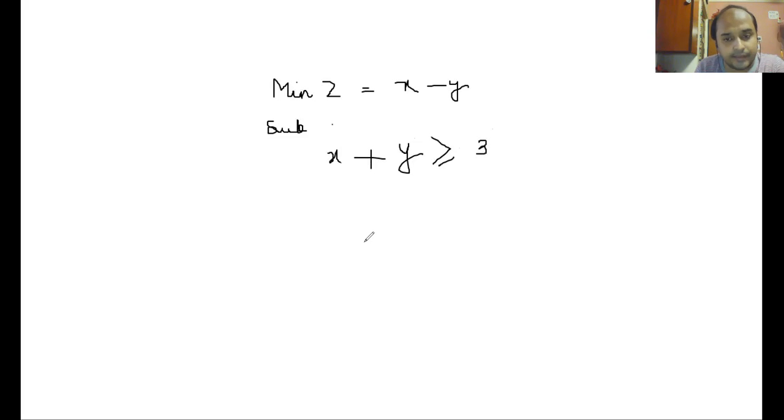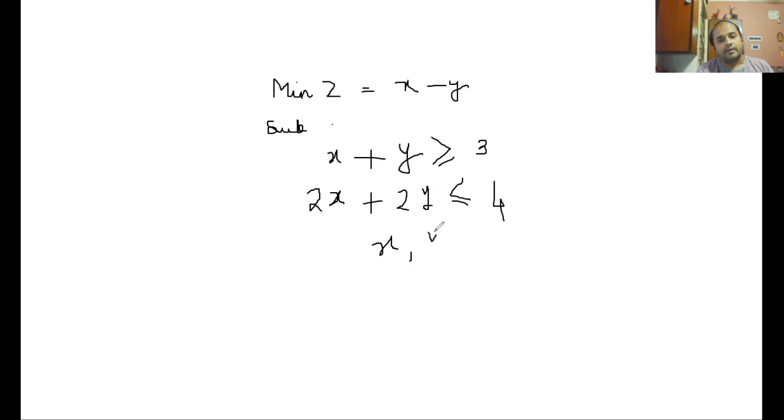That is one constraint. And next I'm considering 2x plus 2y less than or equal to 4. And x, y greater than or equal to 0. This is my problem. I am going to solve it graphically.